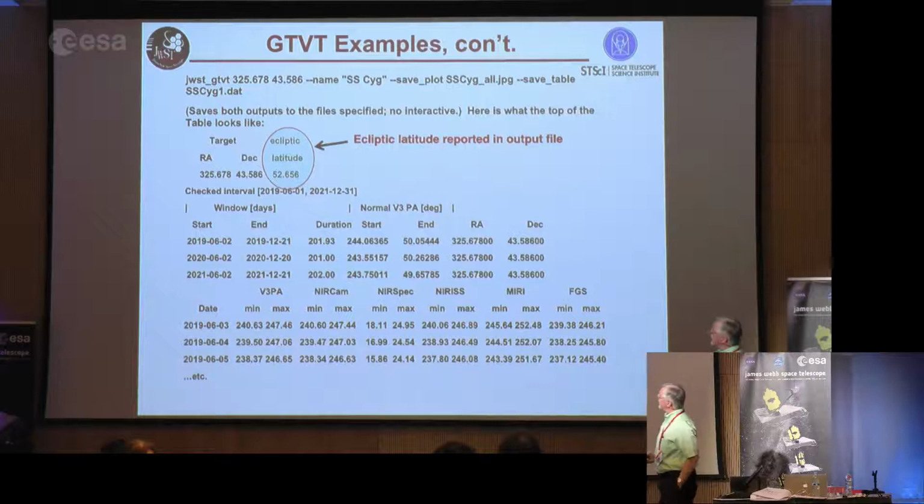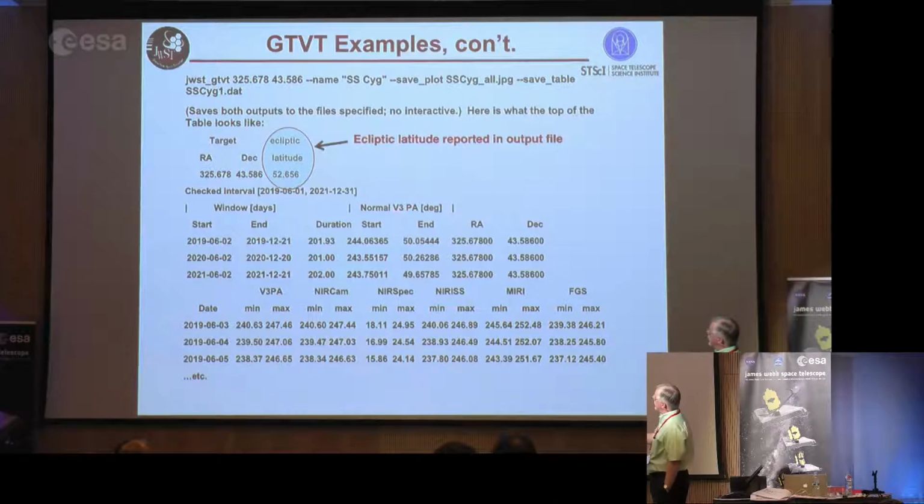This is just the top part of the text file that comes out. In particular, I just wanted to highlight that even though it spews out maybe 365 lines if you've done a whole year or something like that, it's at the top of the file where it actually tells you what the ecliptic latitude of your target is. Of course, it gives you the RA and Dec back and whatnot for reference.